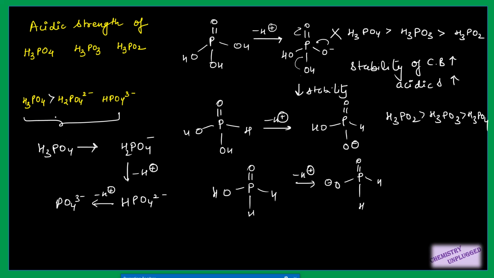So acidic strength will be higher for H3PO4, and in this particular case we will have H2PO4 minus and HPO4 2 minus, right? So its acidic strength will be weaker than this one because it has 2 negative charges. So this will be your correct order.